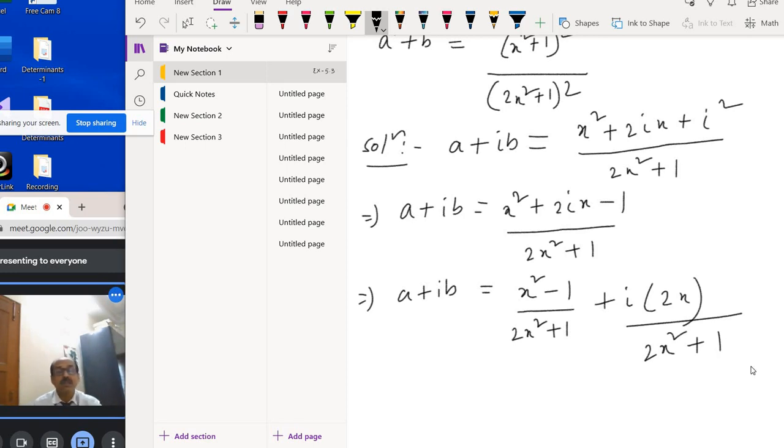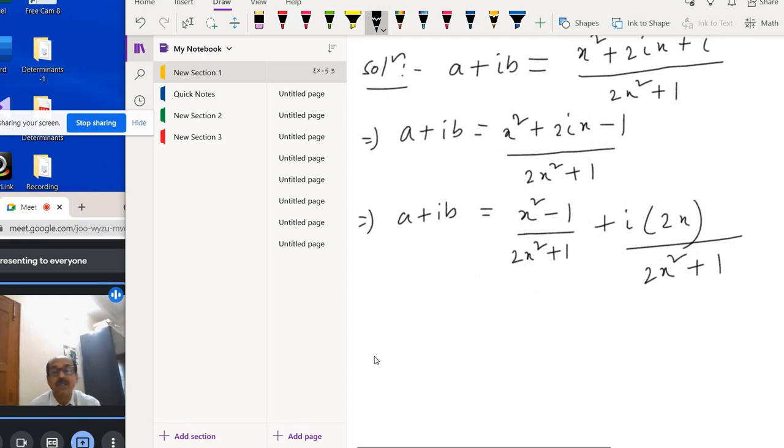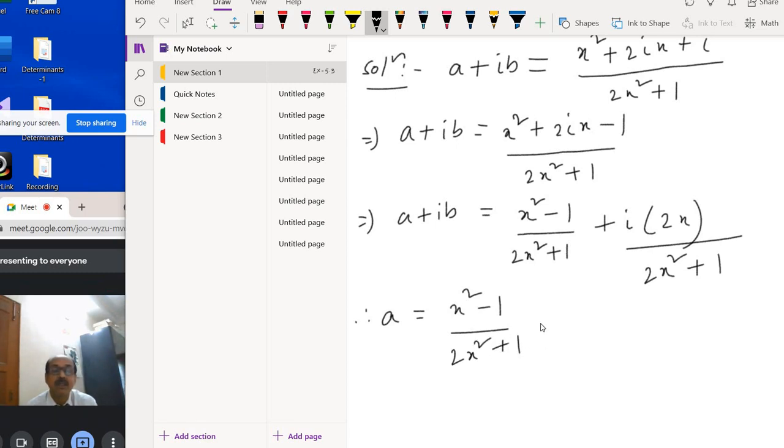Okay, so comparing both sides, therefore a equal to real part, that is (x square minus 1) by (2x square plus 1), and b equal to 2x by (2x square plus 1).